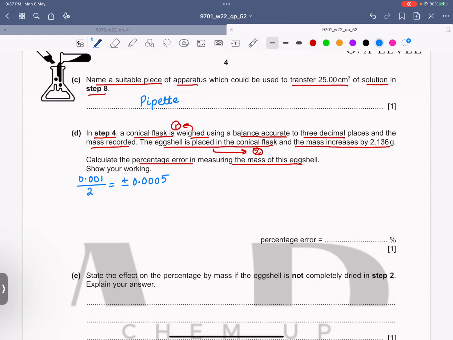But here, as we have taken two values, to find the percentage error we multiply this uncertainty by 2, divide by the total mass that we have recorded, 2.136, and times 100. So that would get me the percentage error. Can anybody calculate it and tell me the answer, please?